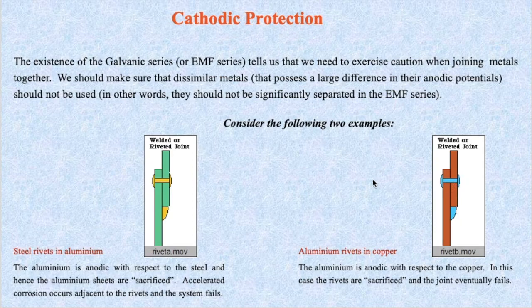So doing the reverse of that is a sacrificial protection, in that you will need to protect your product by joining them with a piece of metal, in this case the rivets, that have to be anodic. In that way, if the environment is corrosive or corrosion has to take place, it will chew on the joint, which is maintainable, as opposed to chewing on the actual sheets of metal that you're joining. Again, hopefully that makes sense.